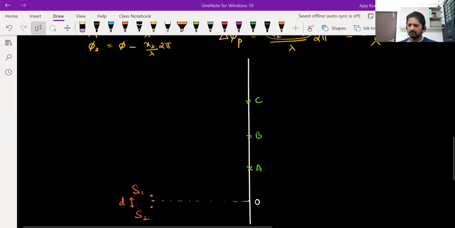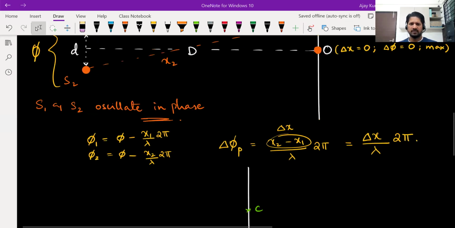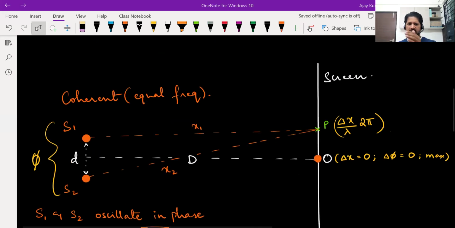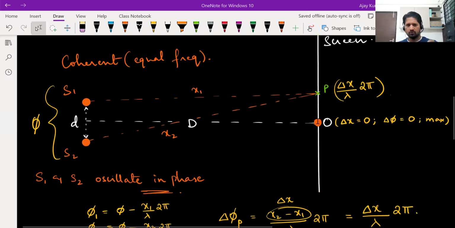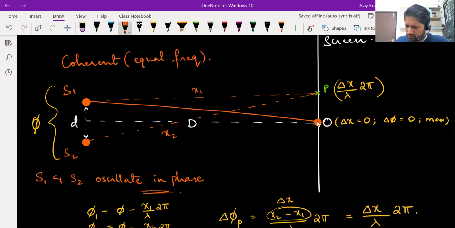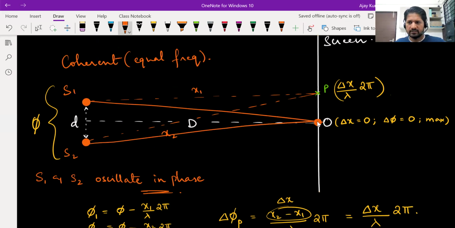So x1 minus x2. No, x1 minus x2 is the formula for path difference, where x1 is the distance from S1 and x2 is the distance from S2. If you take the point O, x1 and x2 will be equal. Then the path difference will become 0. So for point O, x1 minus x2 is 0.